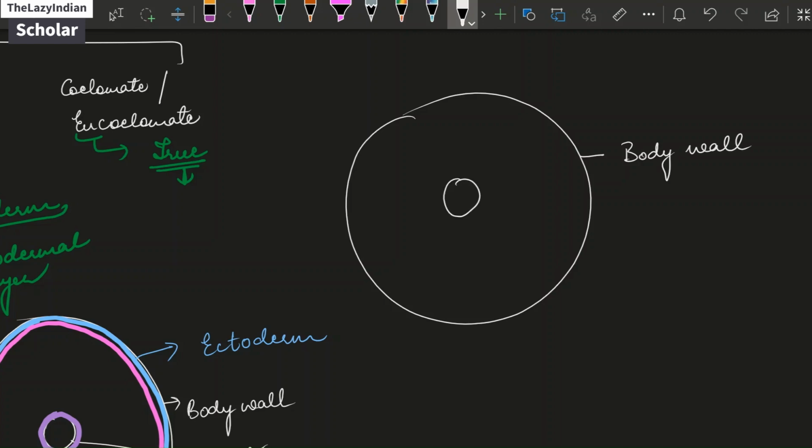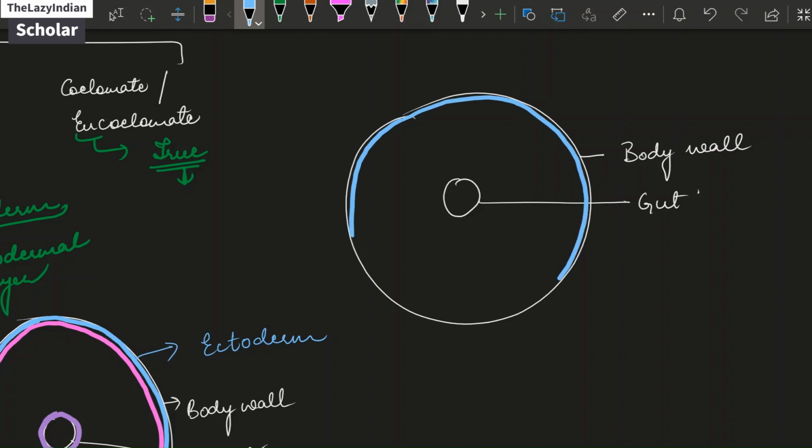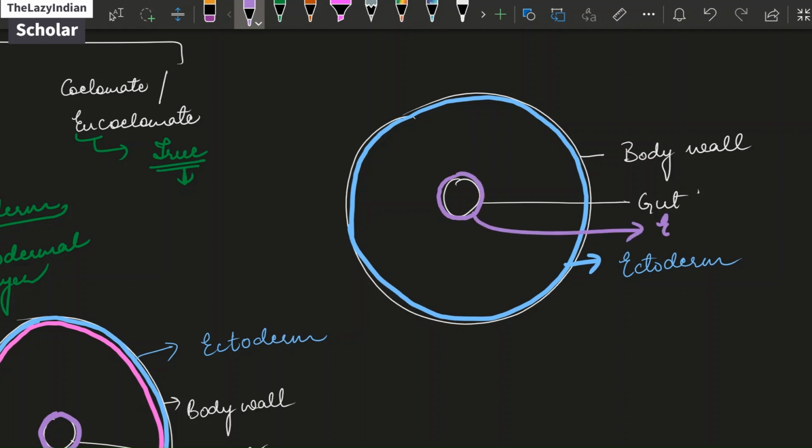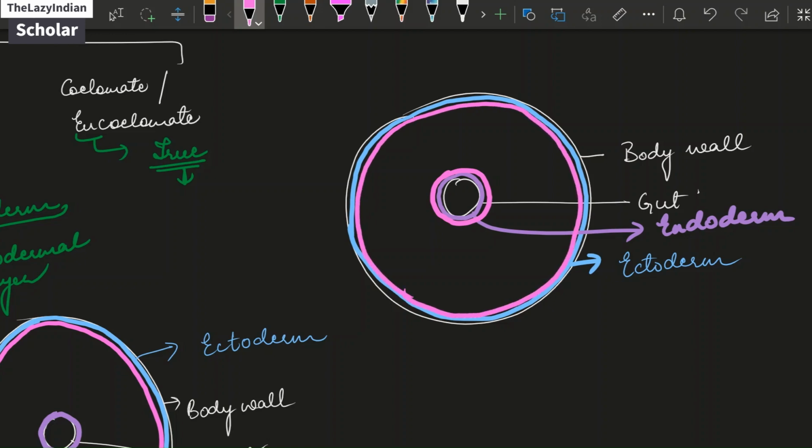Body wall, the gut, blue color is the ectodermal layer lining the body wall, ectoderm. The gut is lined by the endoderm. And now see, the mesoderm also lines the endoderm and the ectoderm.